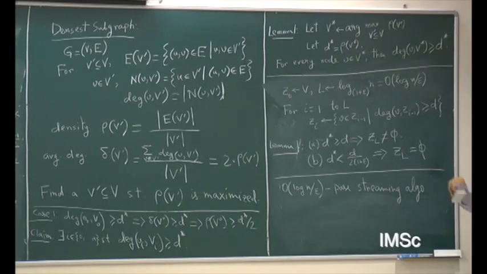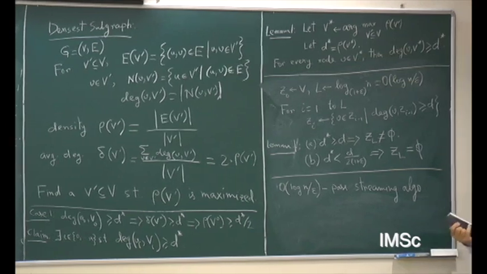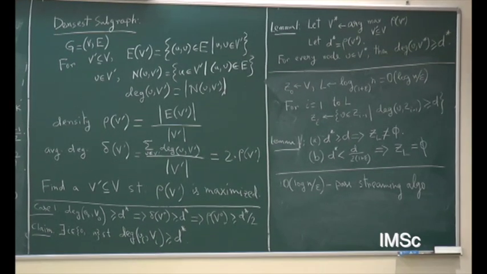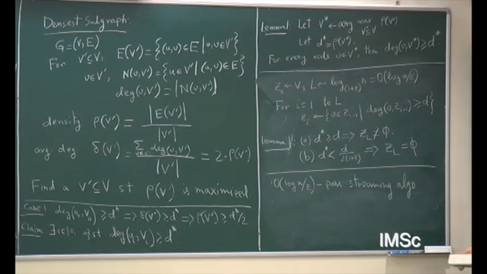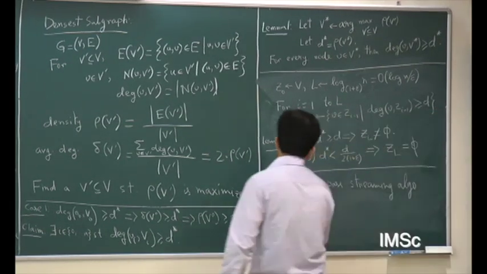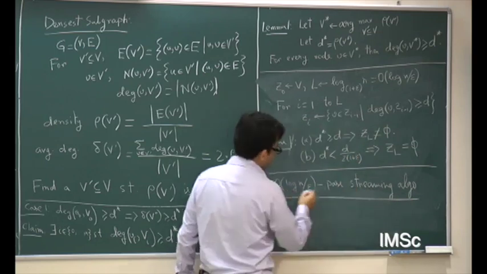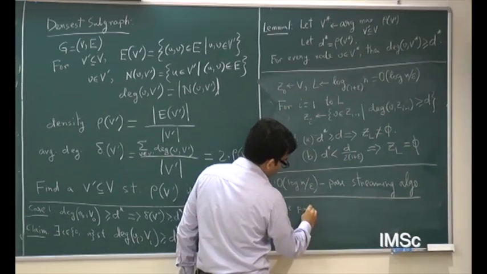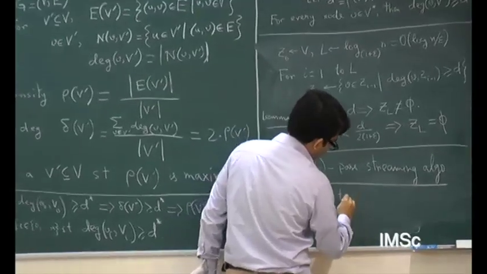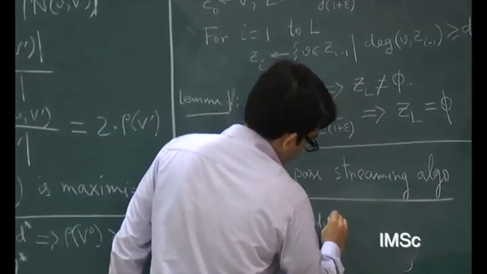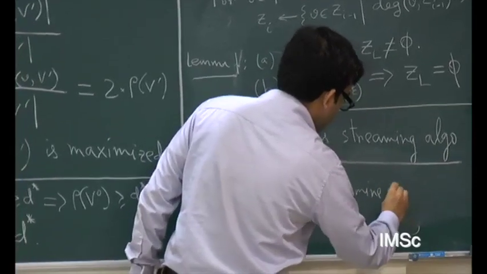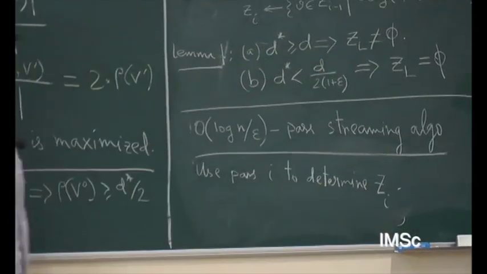Just focus on this. You are given this parameter d. The idea is simple: use pass i to determine Zi.